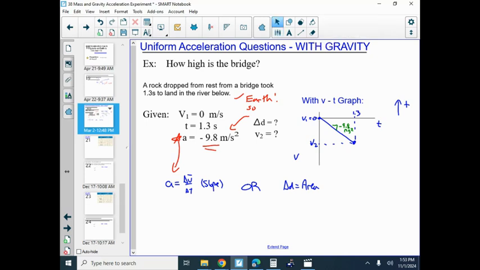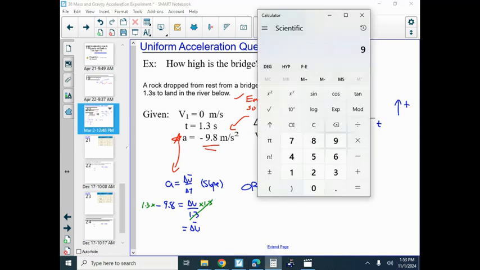And so I'm going to put in my negative 9.8, and the delta V I'm going to find out by solving for it, right? Just have to multiply both sides by 1.3. And that's going to give us our delta V equals whatever that number is. So 9.8 times 1.3.